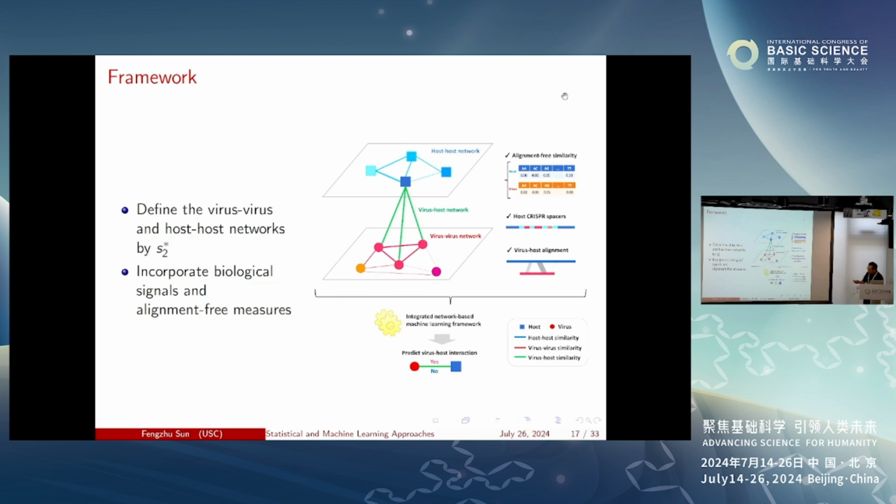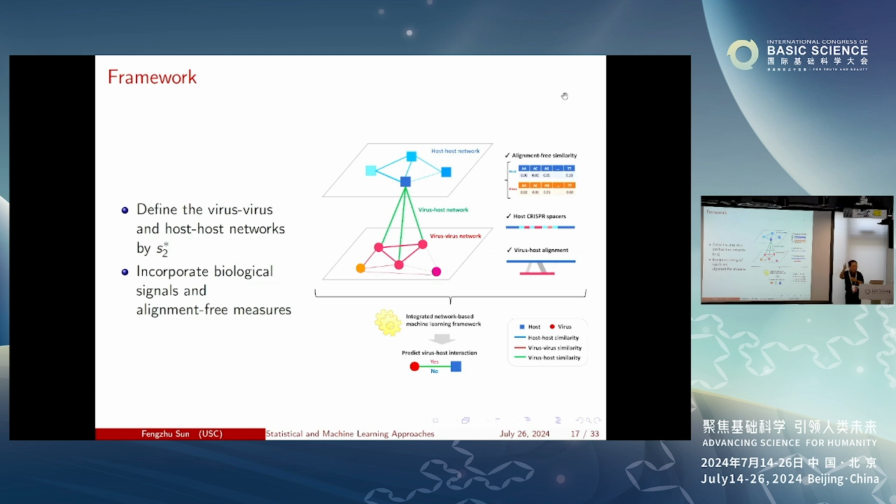Okay, and then between the top and the bottom, there are links between the hosts and the viruses. So now you have a two-layer network: the top layer has a similarity, the bottom layer has a similarity, and between the two layers you also have links. And there's another type of information: you already know some of the interactions, some of the links between the top and the bottom.